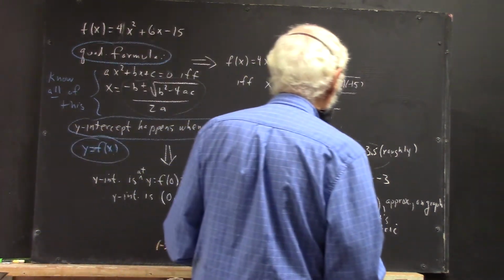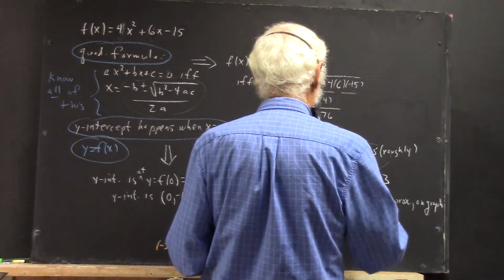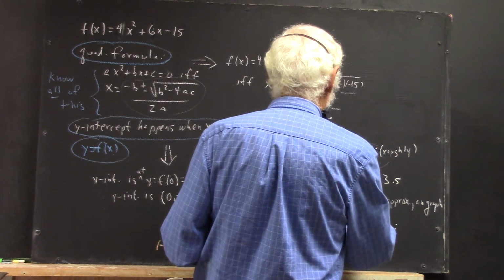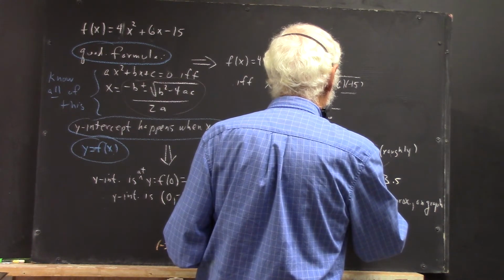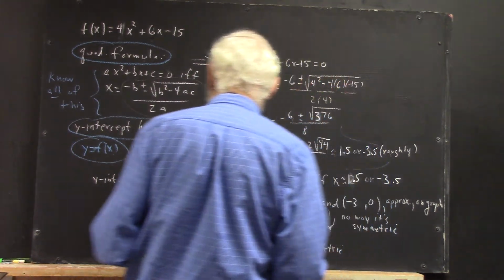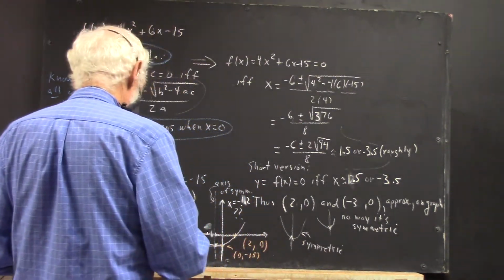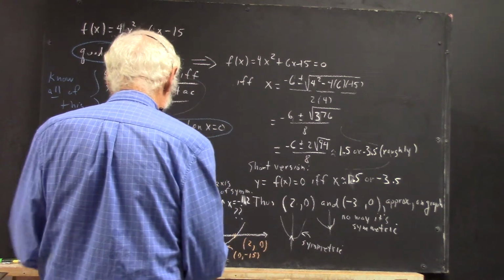Okay, that works. That's going to be 1.5, -3.5. I'm not going to relabel these.